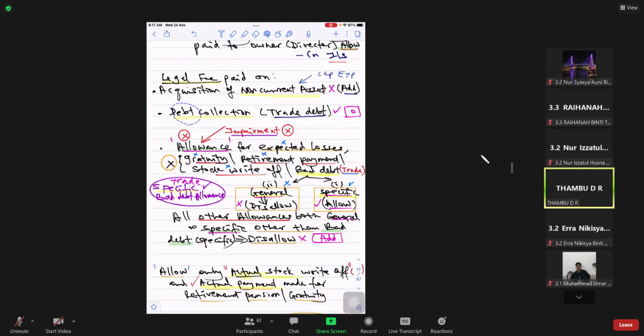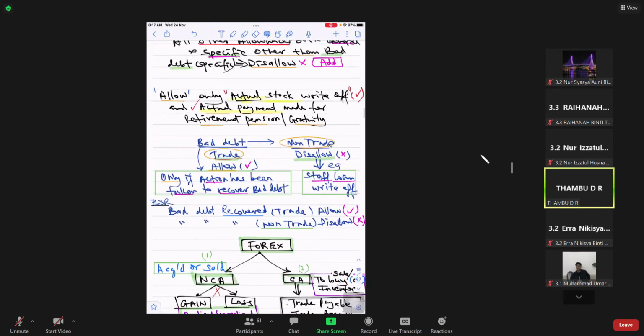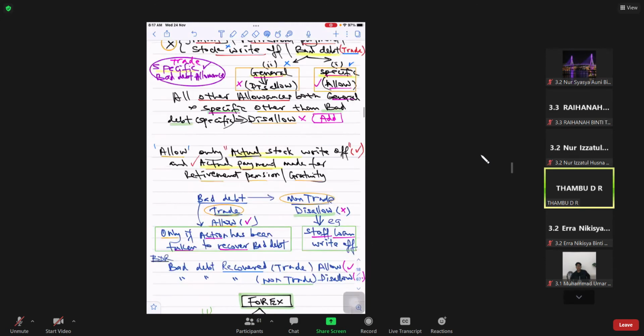This is trade debt. If they use only the word bad debt, we allow. But if they use the word allowance for bad debt, it means provision for bad debt. The old name is provision. The new name they put there is allowance for bad debt. So bad debt, we have different names to look at.